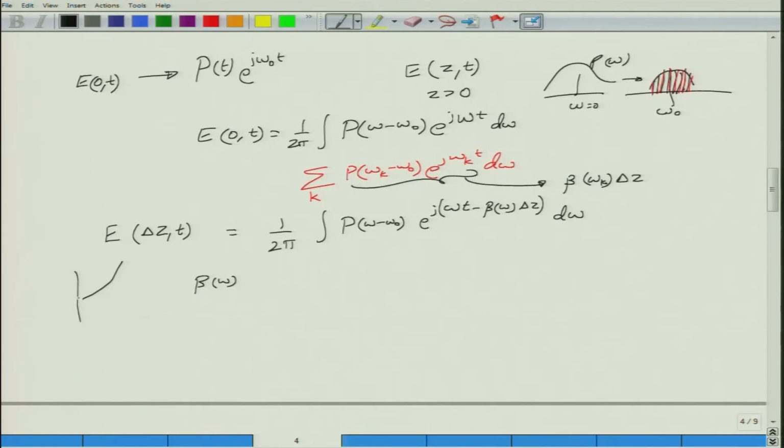Turns out that beta of omega is this way, so let us say this is at omega and this is with respect to beta, if this is the way in which beta and omega look, or maybe I can shift omega and beta over here. Do not worry about what I am actually looking at. I am just interested in trying to show you what we normally do. Okay.